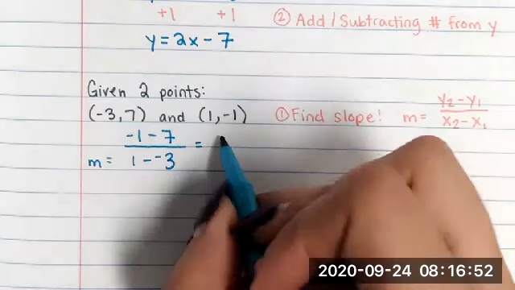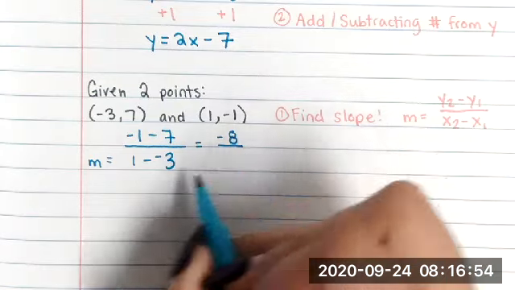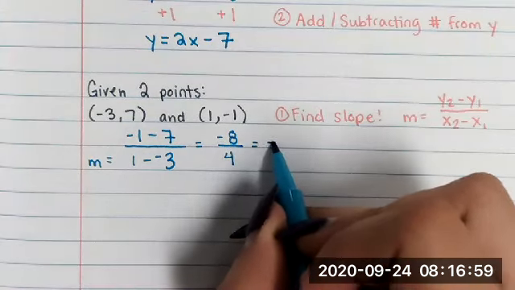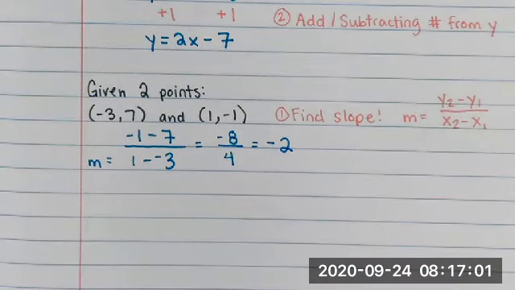Now I have -8 over a 1 plus 3, positive 4. This simplifies down to -2. So there's my slope I'm going to use. That'll be my m. Now I can plug into point slope.